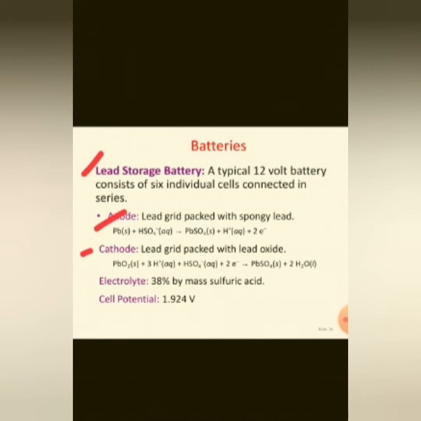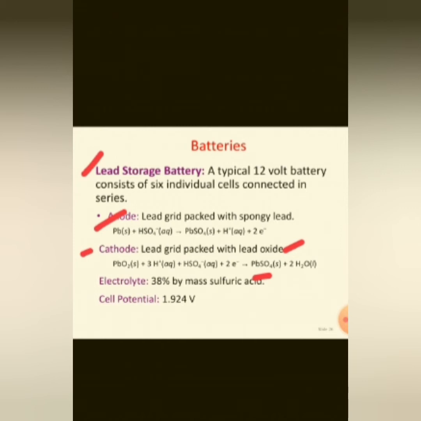At the cathode, the lead grid is packed with lead oxide. Lead oxide reacts with sulfuric acid and gains 2 electrons. By gaining 2 electrons, lead oxide is converted into lead sulfate plus 2 water molecules. At the cathode, gaining 2 electrons is called reduction.